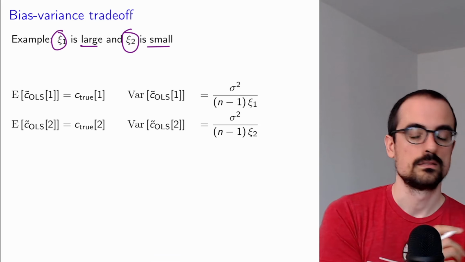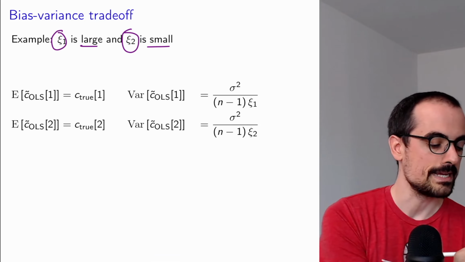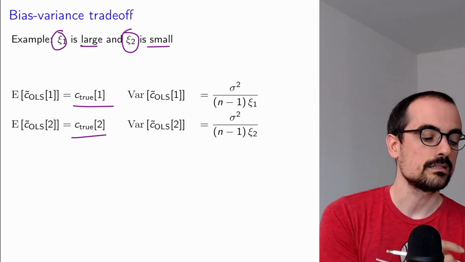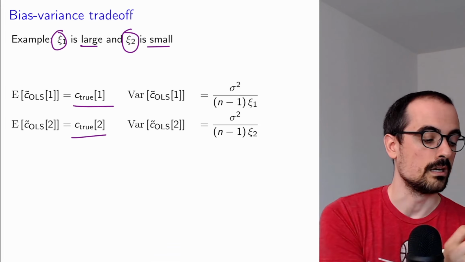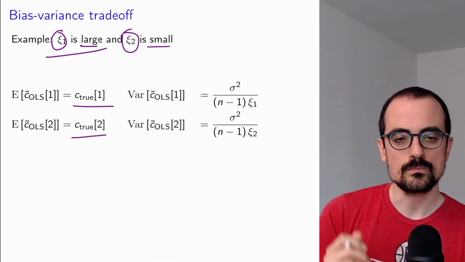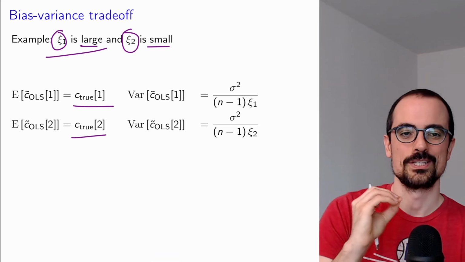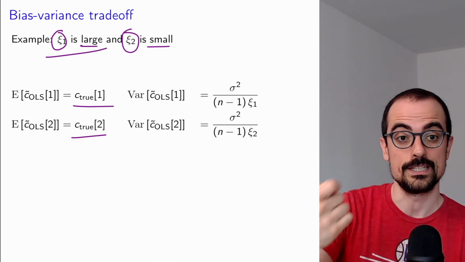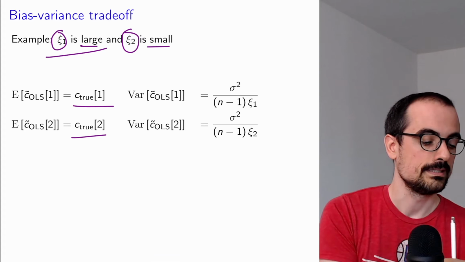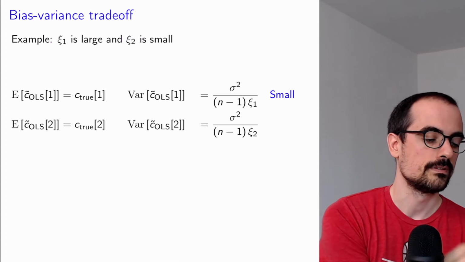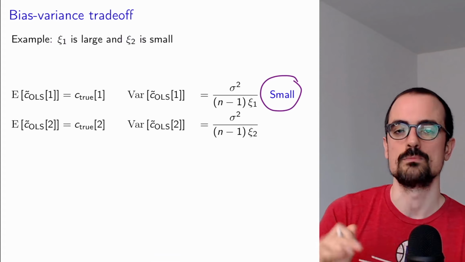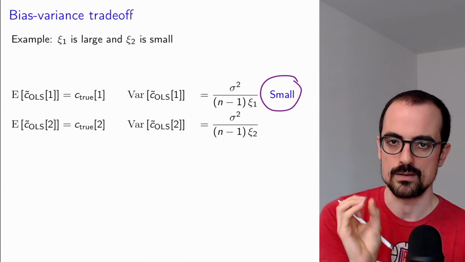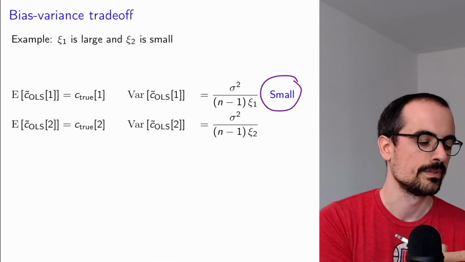We know that the OLS coefficients are unbiased, and in the direction where the sample variance of the features is large, the variance of the OLS coefficient is going to be small. That's great. We are estimating well in that direction.